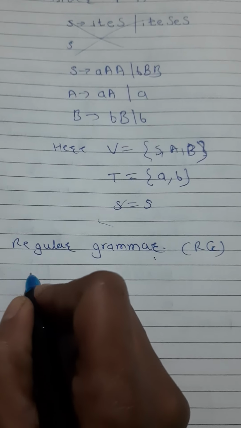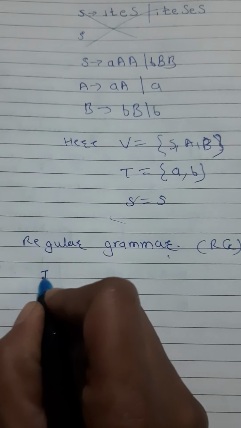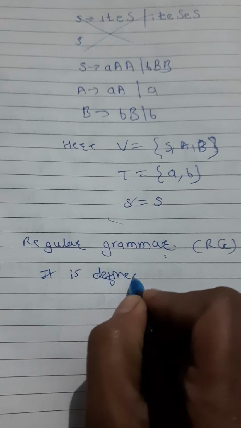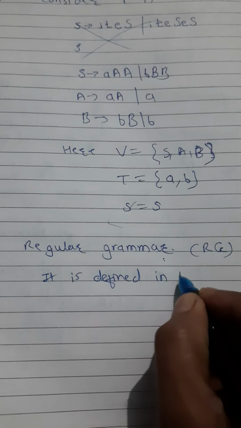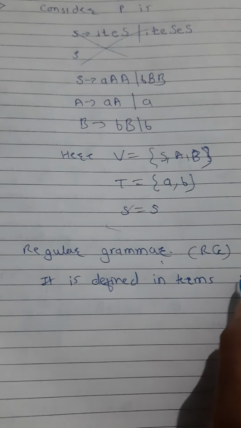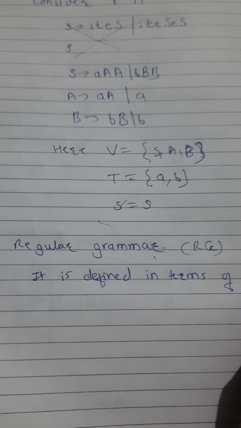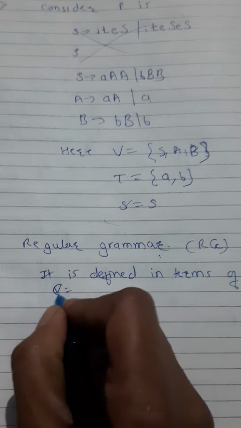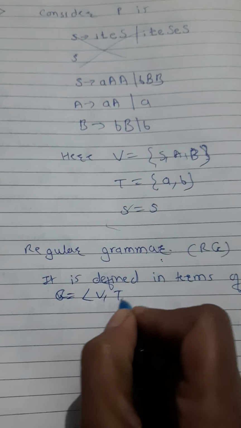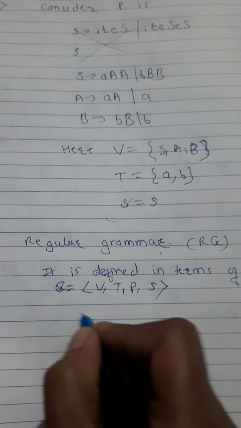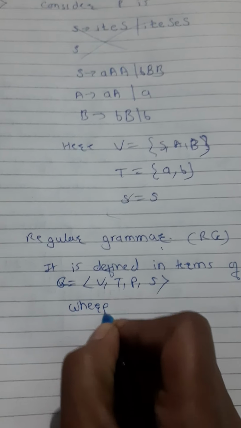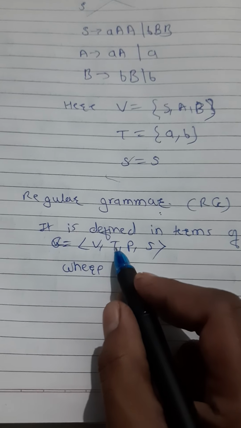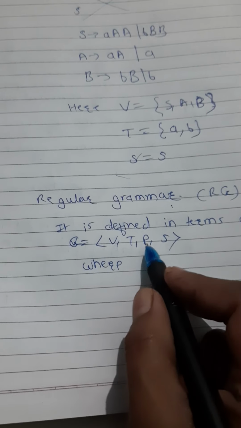Now mathematically or formally it is defined in terms of 4 tuples, G is equal to V, T, P, S, where V is a set of non-terminal symbols, T a set of terminal symbols, and P a set of production rules.